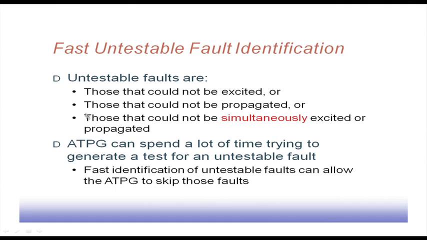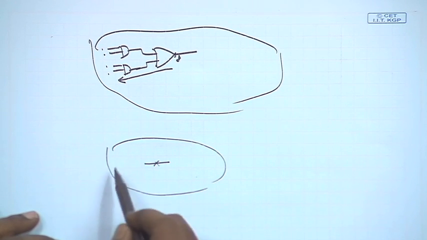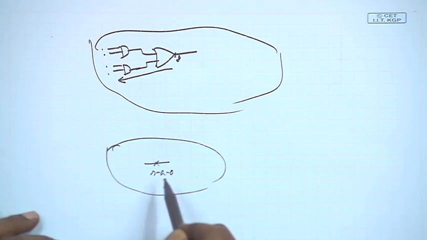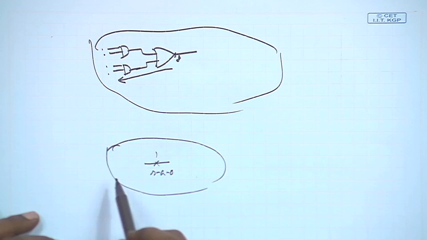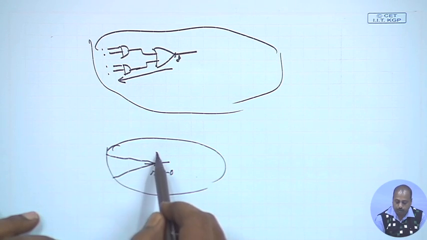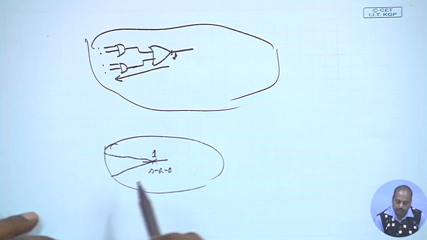Untestable faults are those faults that could not be excited, or could not be propagated. Basically, if this is the circuit and there is a fault at this point, one possibility is that I cannot excite this fault. For this line stuck at 0, I can never put a 1 value at this point, due to the logic it has, so it becomes an untestable fault.